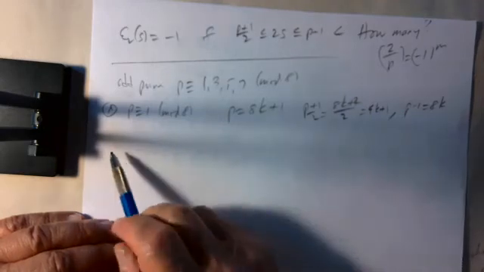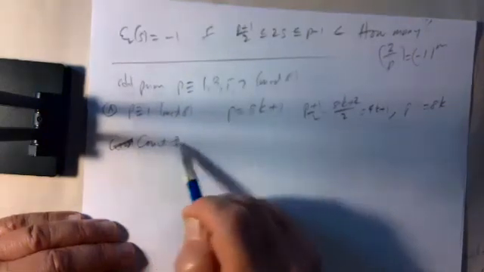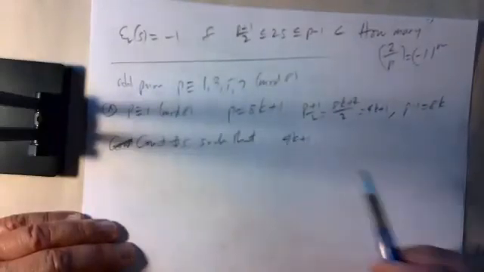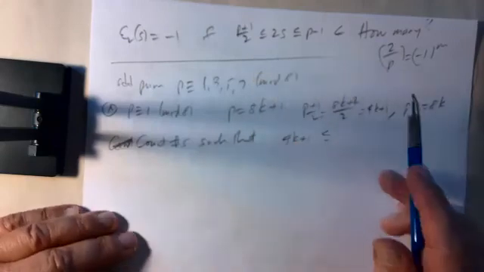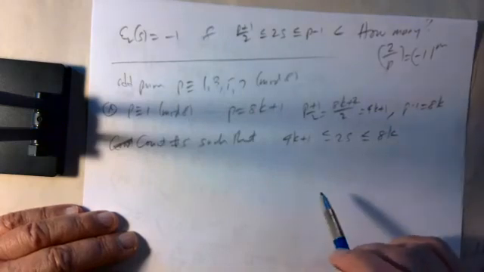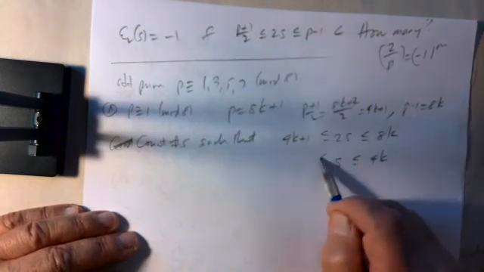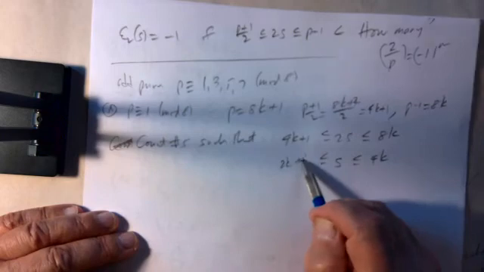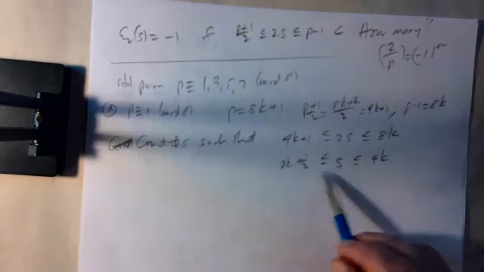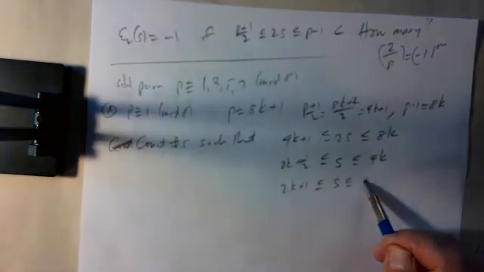So we want to count the number of S such that 4K plus 1, that's (P plus 1)/2, is less than or equal to 2S, is less than or equal to 8K. Divide by 2, S is less than or equal to 4K, greater than or equal to 2K plus a half. But S is an integer, so it's greater than or equal to 2K plus 1.